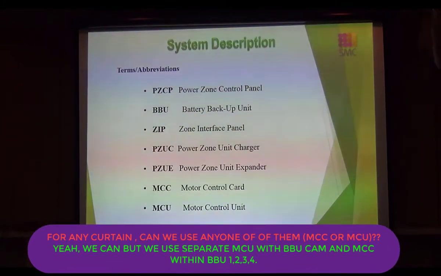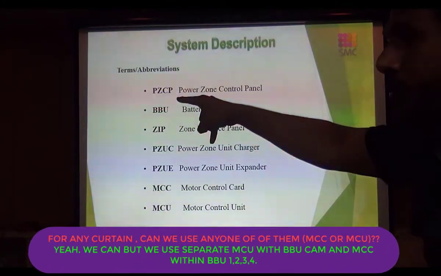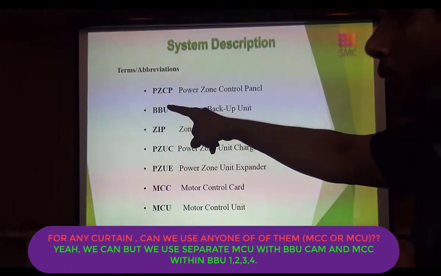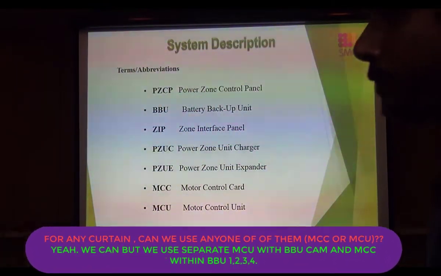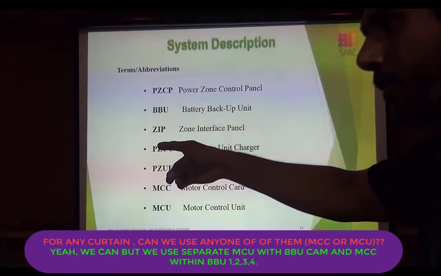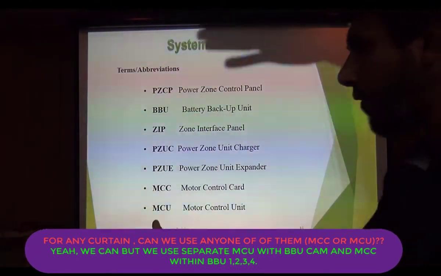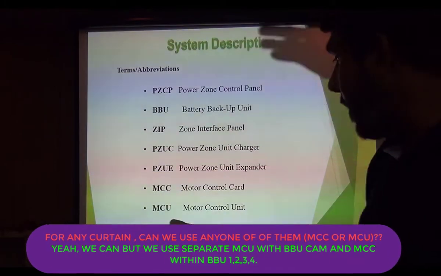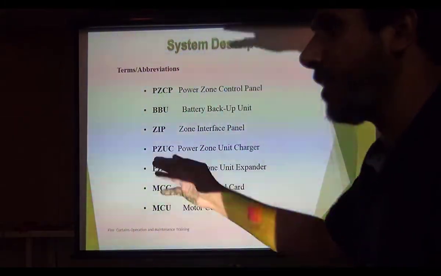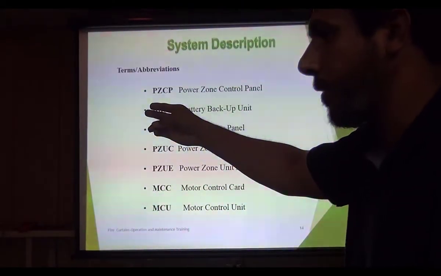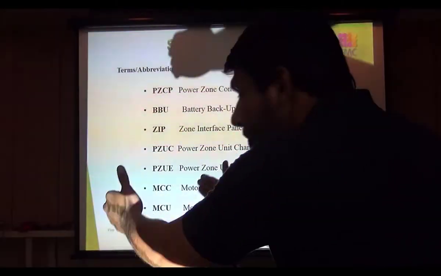But if you use BBU1, I know there is one curtain. I install this MCC, the motor control card, inside, so I just put it in one box. Actually there is not much difference. I will install the MCU where we have more than 4 curtains, we will be installing a BBU CAM, right?